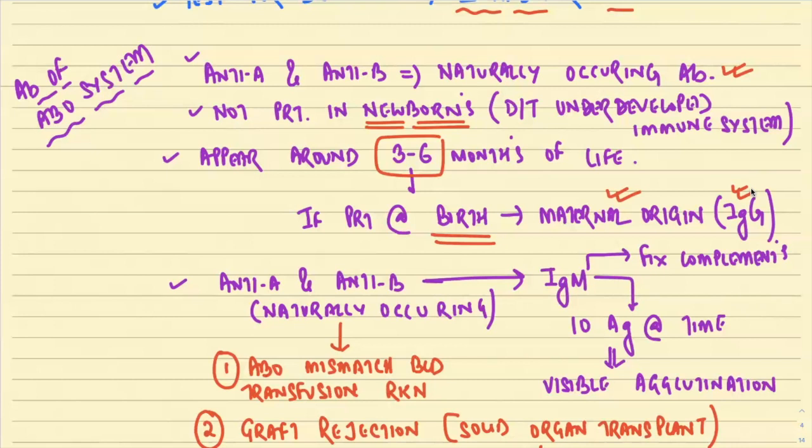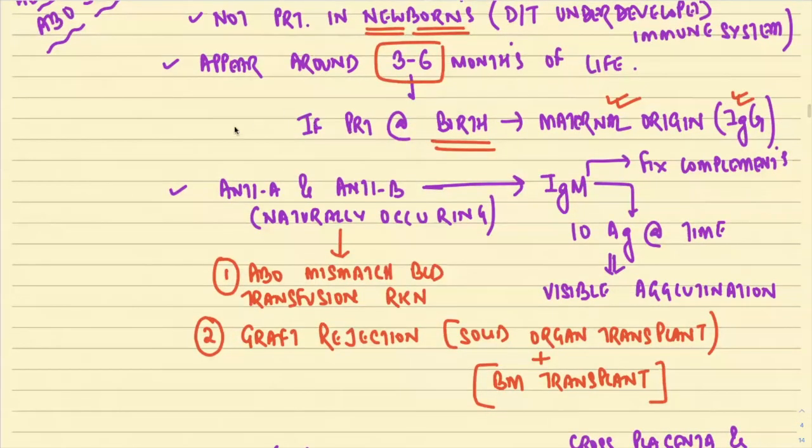But remember, any kind of naturally occurring antibodies that we see in the body, that is anti-A and anti-B, are always of IgM class. And because this IgM has a valency that can bind with 10 antigens at a time, they always cause visible agglutination.